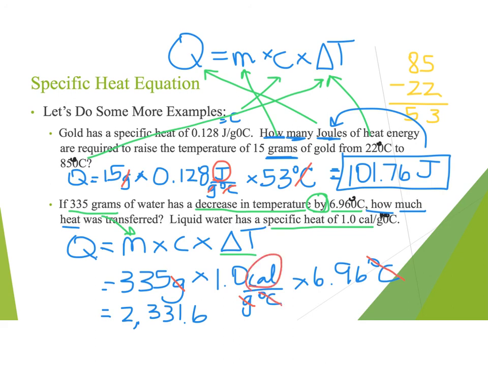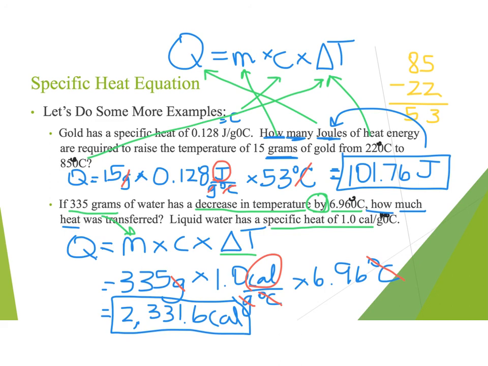So again, we're left with calories. So that must be our unit. Okay, so we'll circle the answer so teacher knows which one it is. All right, so 2,331.6 calories are transferred from the water as it decreases in temperature by 6.96 degrees Celsius.